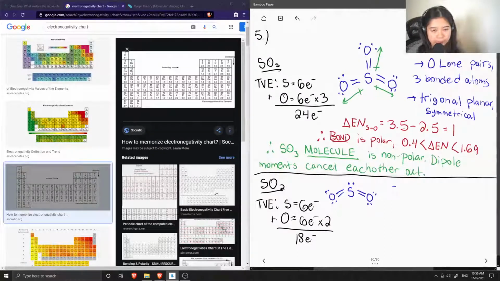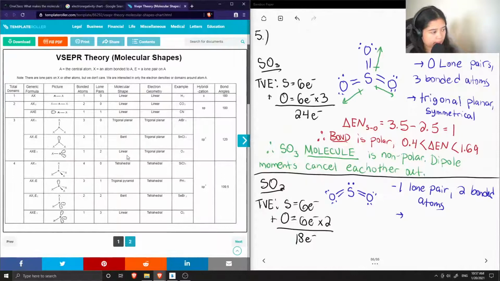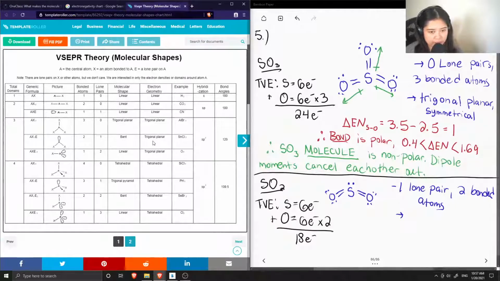So let's find out its VSEPR shape. This time our sulfur atom has 1 lone pair and 2 bonded atoms. This tells us that when we have 1 lone pair and 2 bonded atoms, we have a bent molecular shape.